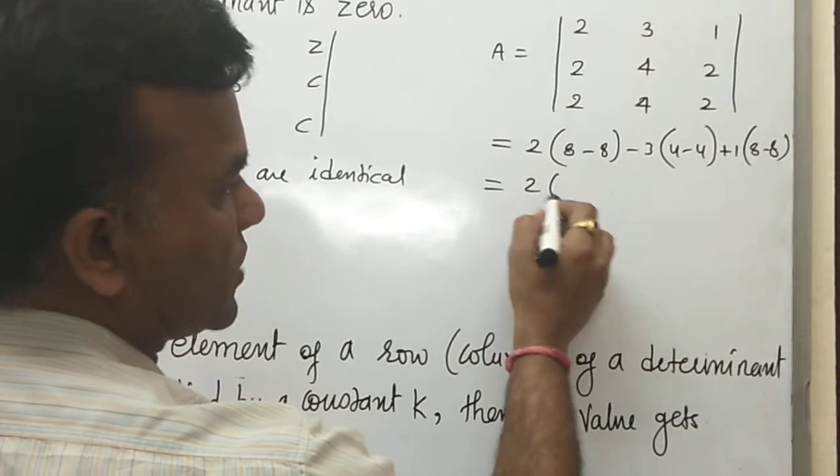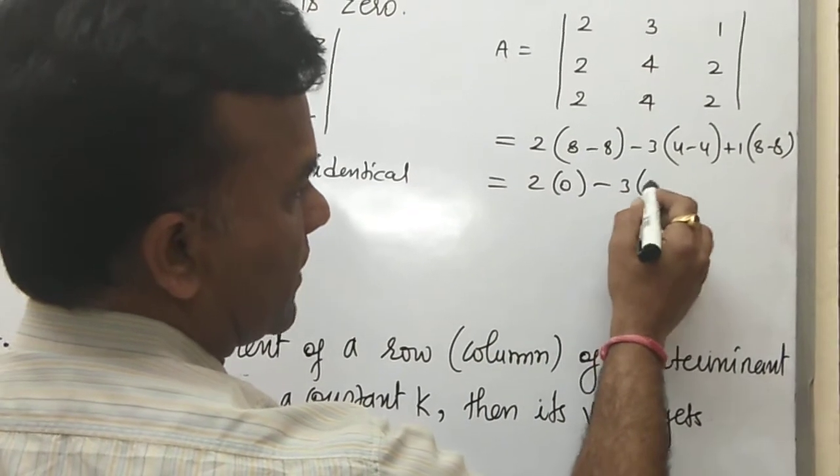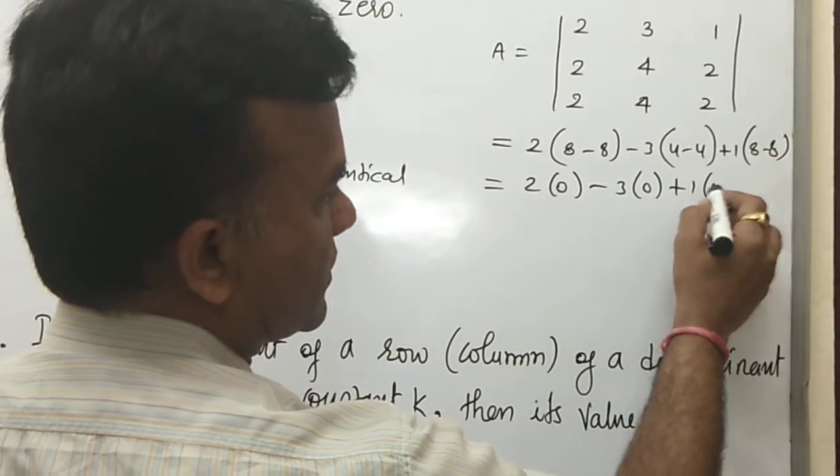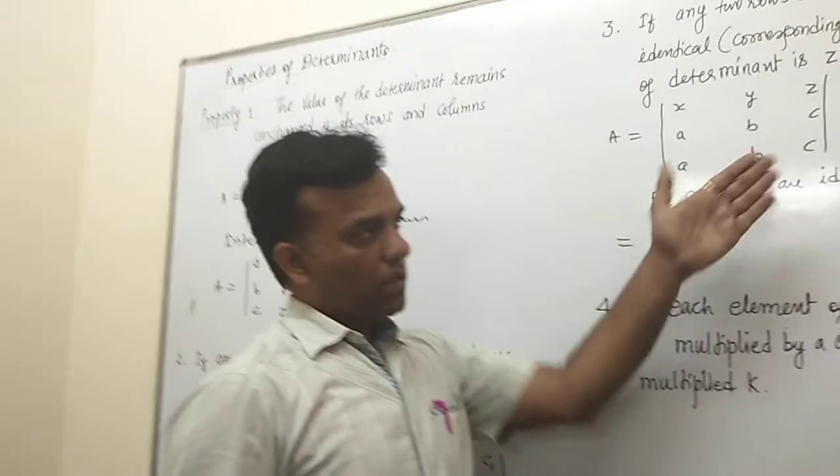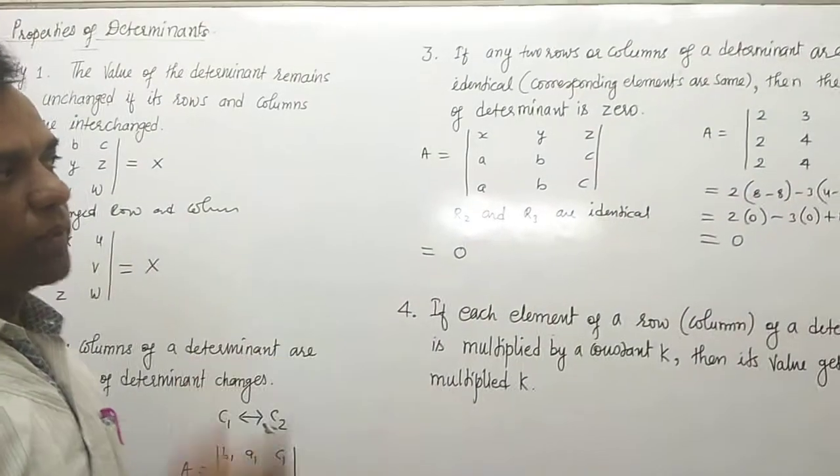So there is no change. 2 of 0 minus 3 of 0 plus 1 of 0. So the answer is 0. You can verify this with the help of numeric examples.